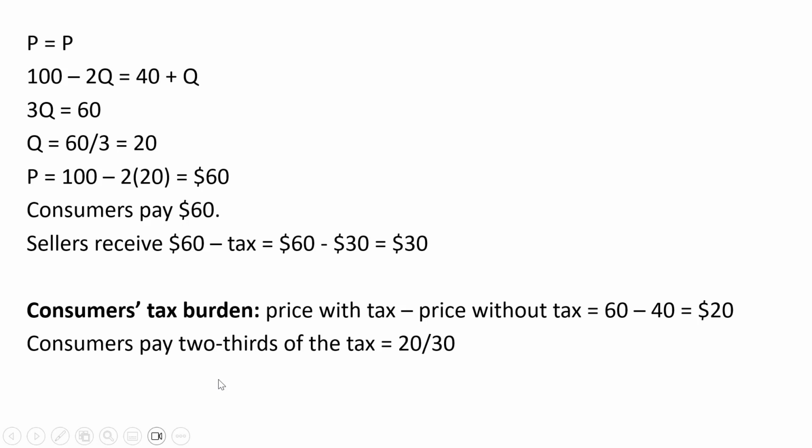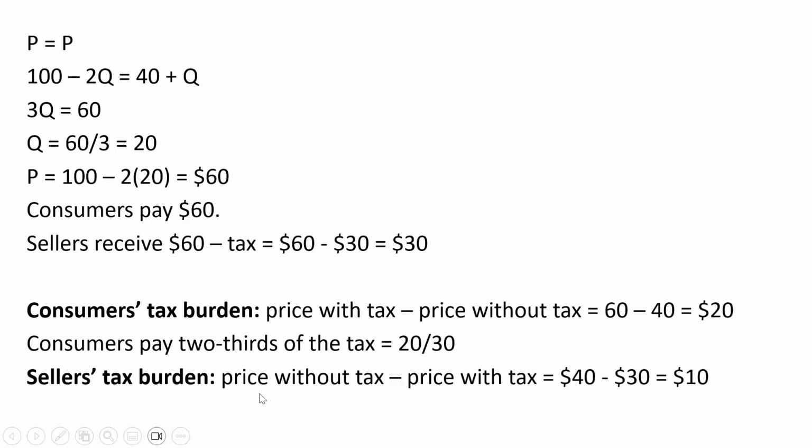Consumers pay 2/3 of the tax, so consumers are paying $20 more per unit. The total tax per unit is $30, so 20 divided by 30 gives us this 2/3 tax burden being placed on the consumer. As for sellers, the seller's tax burden, the price without the tax we found was $40 in our first slide.